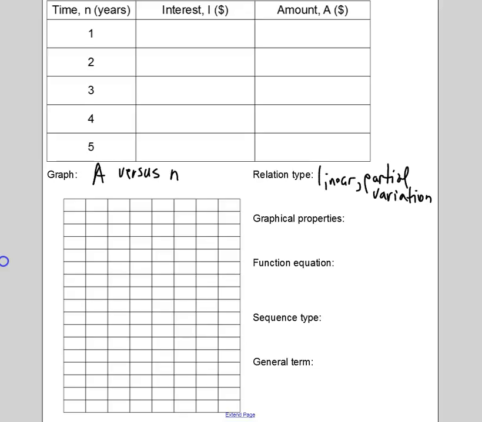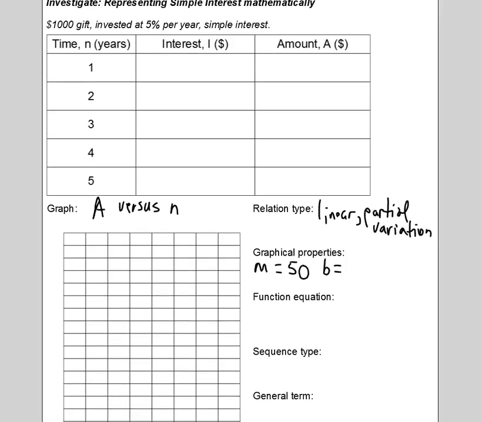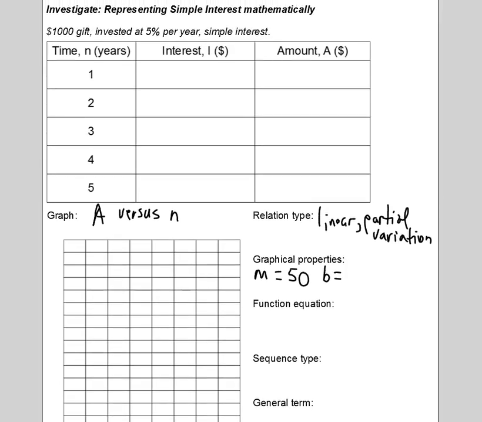Graphical properties, well, we know the rate of change is the slope, and that would be $50 for every year of additional interest earned. The y-intercept, in this case, the y-intercept from the table of values is not one of the pairs of values that's tabulated, but we do have the y-intercept here at the principal, which would be, backing up one step, 1,000.